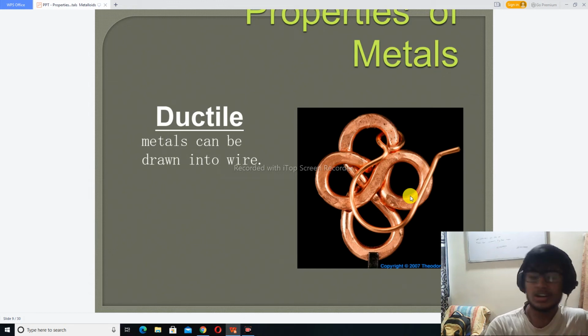Copper is a good conductor of electricity, and its main use is for electrical wiring.